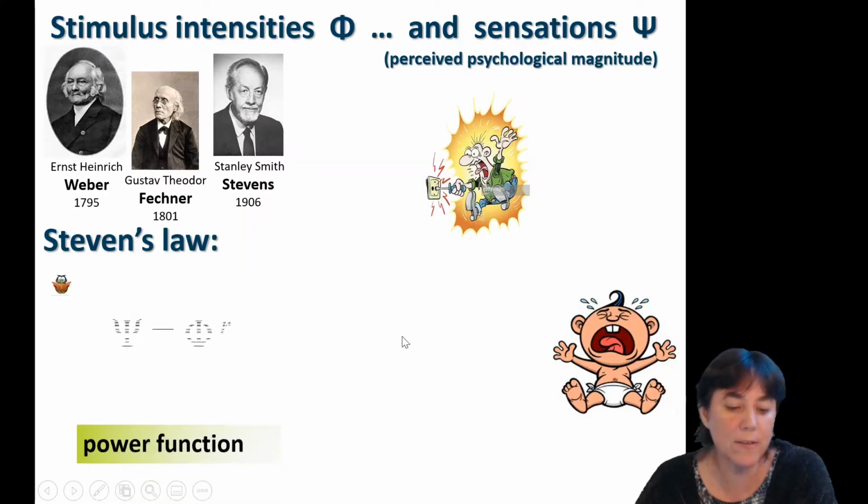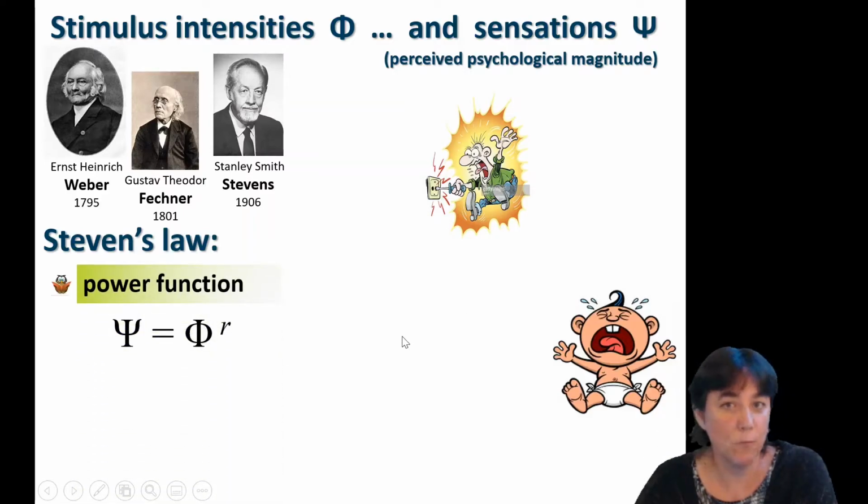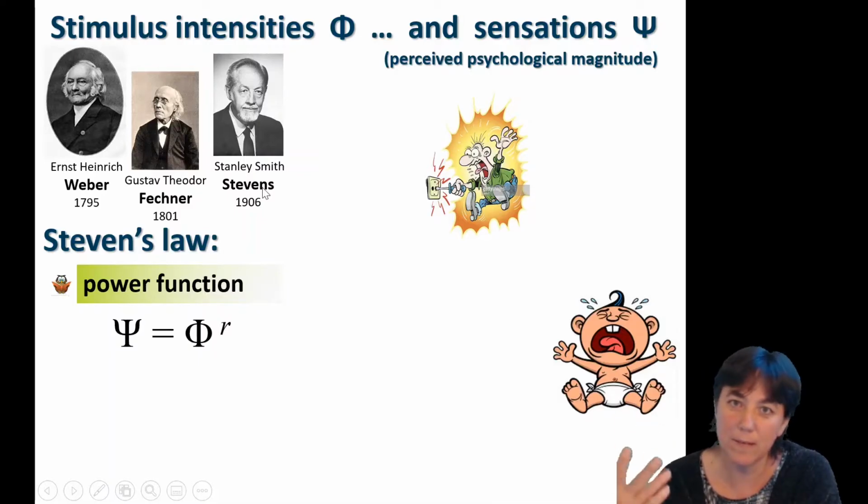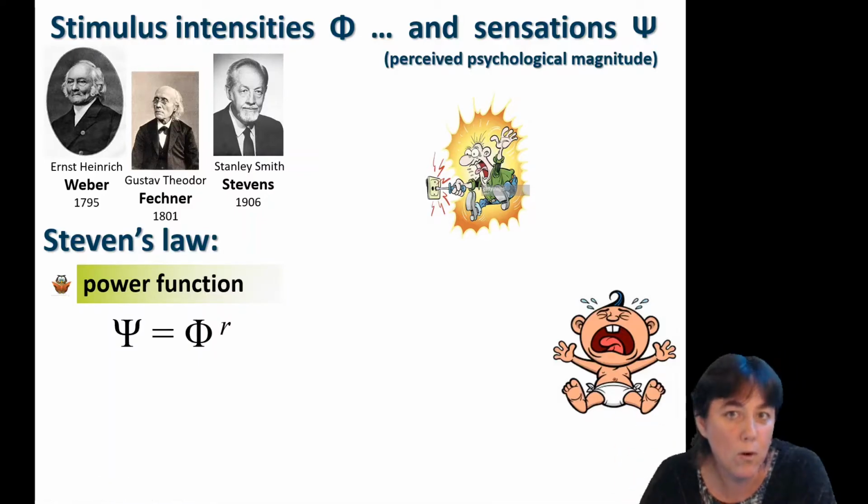And this relation is best explained in what we call today Stevens' law. By the way, Weber and Fechner worked together, and Fechner had published many of Weber's results, but they were working in the same laboratory. In fact, Fechner was a student of Weber. And Stevens took all this information and worked more on this later, like 100 years later.